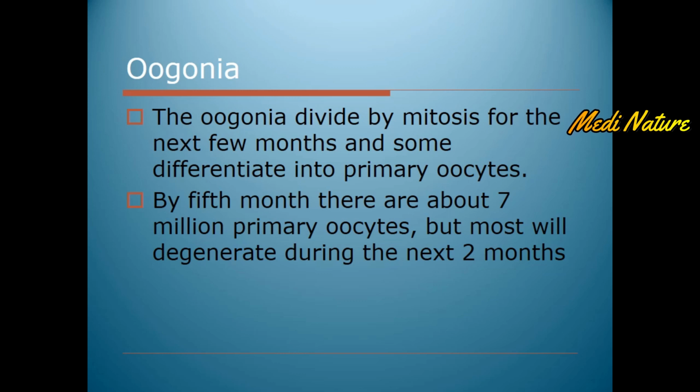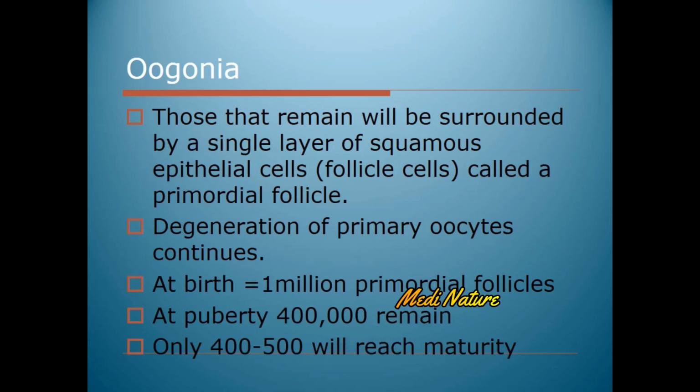Then these oogonia divide by mitosis for the next few months, and some differentiate into primary oocytes. By the fifth month of the embryo, there are about 7 million primary oocytes, but most of them will degenerate during the next 2 months of development. Then the remaining primary oocytes become surrounded by a single layer of squamous epithelial cells called follicle cells.